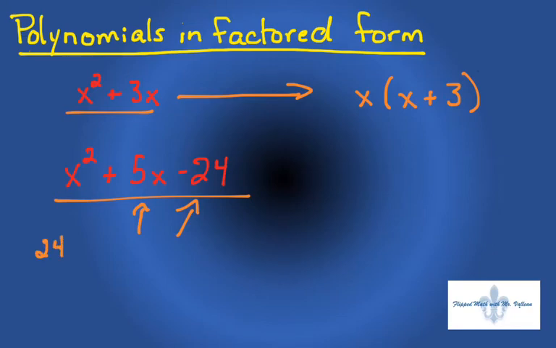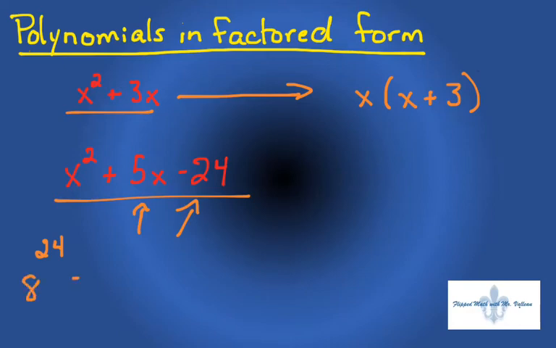So we have 24 and 1, and that's not going to work because that will not add to 5. And we have 12 and 2, and again, something that will not add to 5.